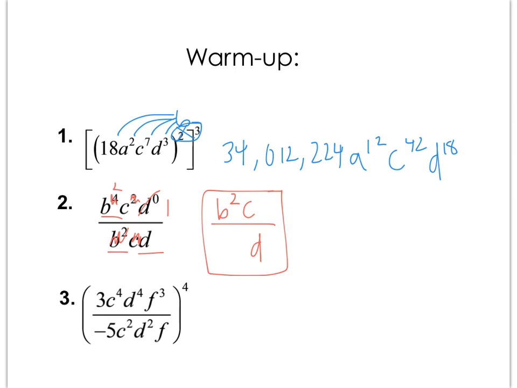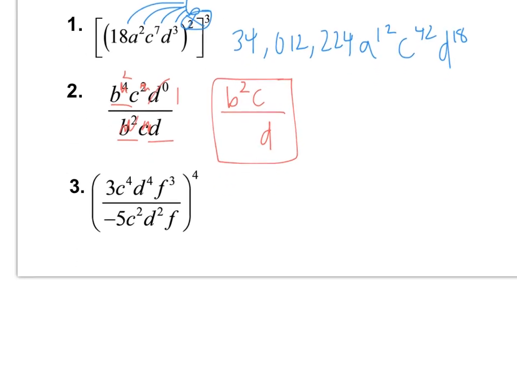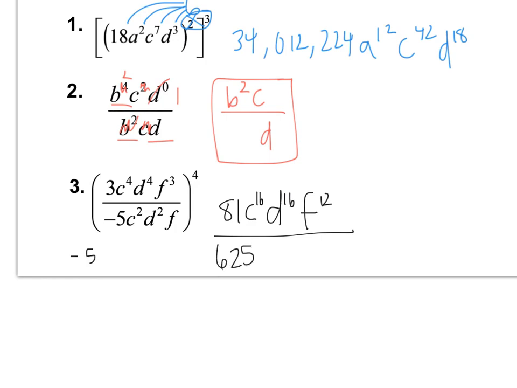All right, last one here, the number 3. I'm going to distribute that 4 to everything inside the parentheses. So when I do that, I get 3 to the 4th, which is really 81, c to the 16th, d to the 16th, and f to the 12th, all over negative 5 to the 4th power is positive 625, again because I have 4 negative 5s.